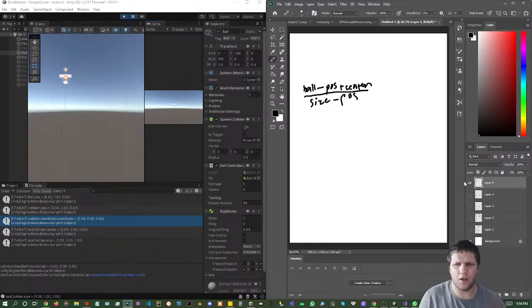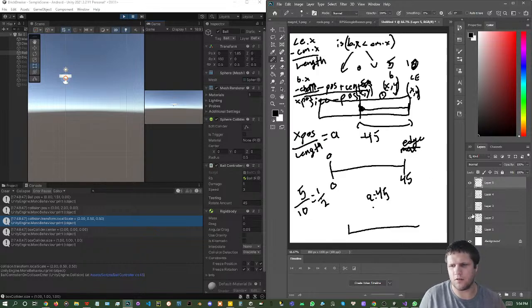Okay, so ball minus position plus center divided by the size minus the position.